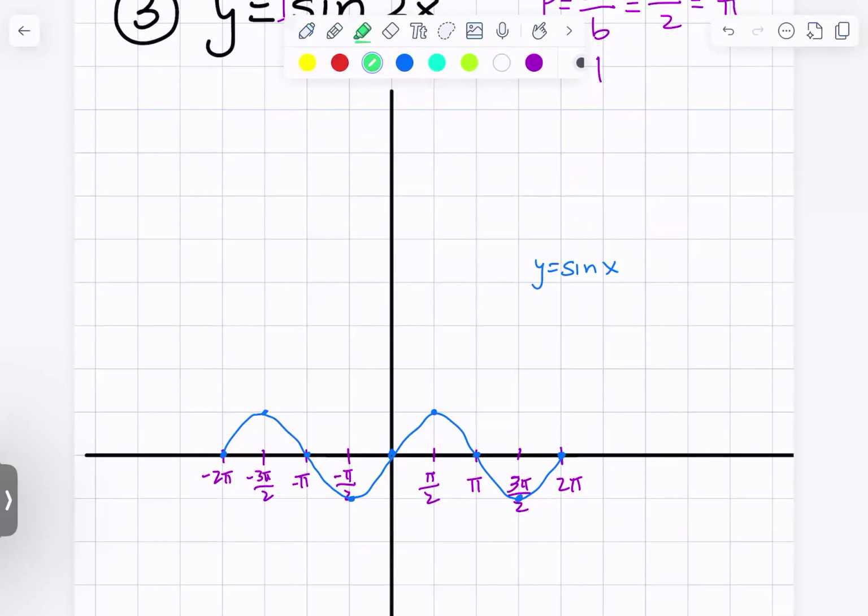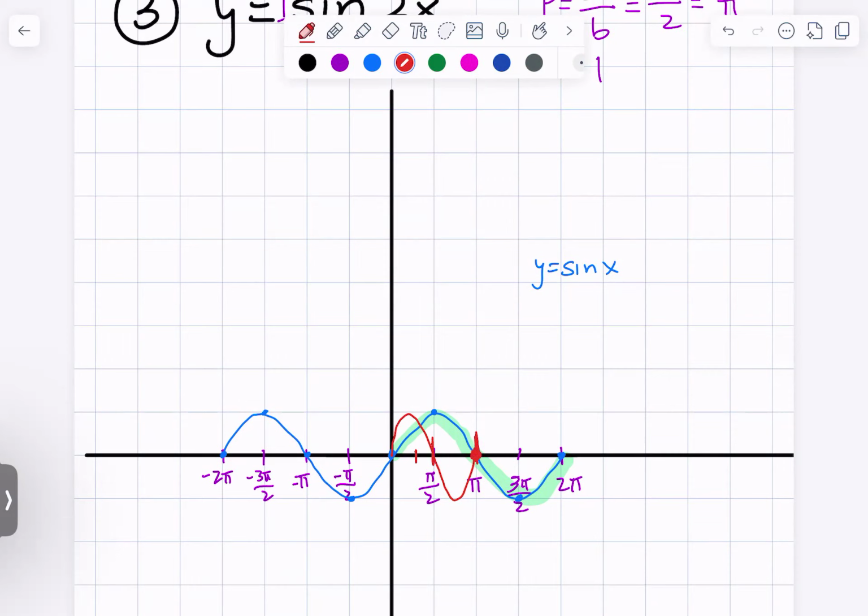So if you think about this function here, this one period of pi has to finish out at pi, right? So it has to go up, come back down, like that. That makes sense? What is this point here then? Well, if one period is pi, and this is pi, halfway is pi over 2.